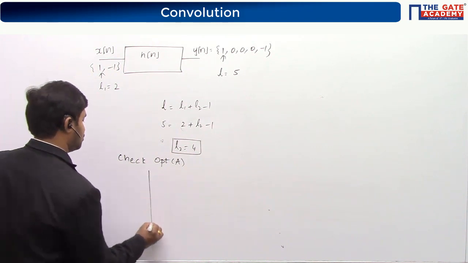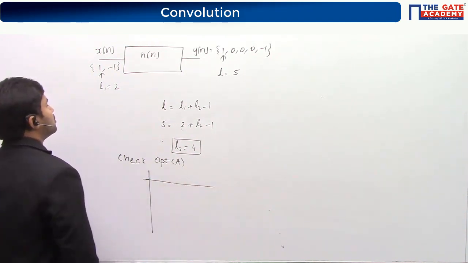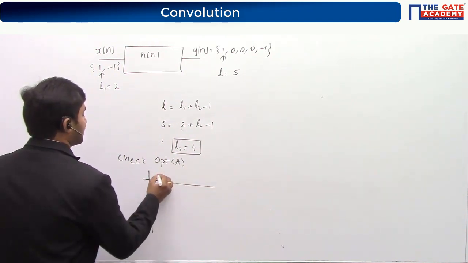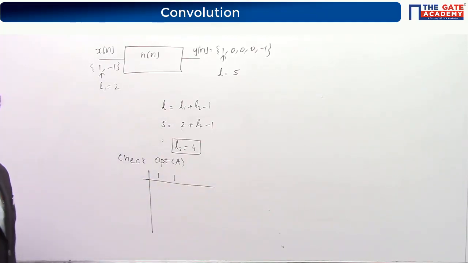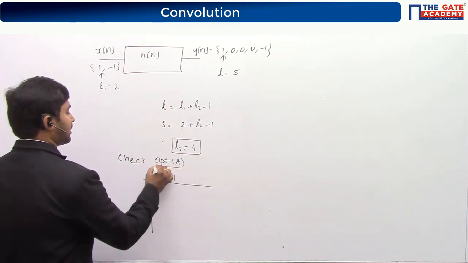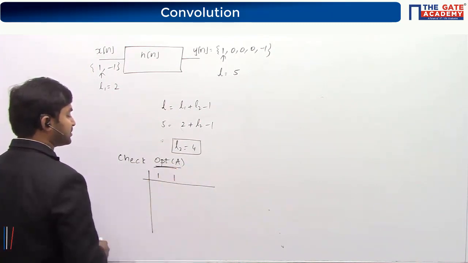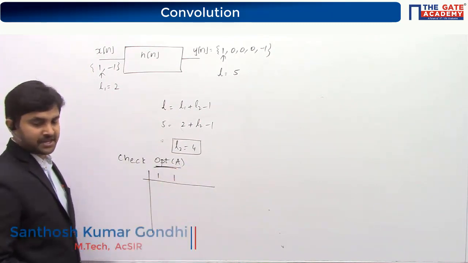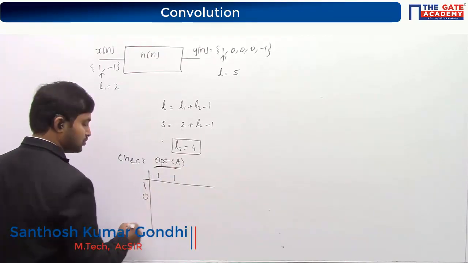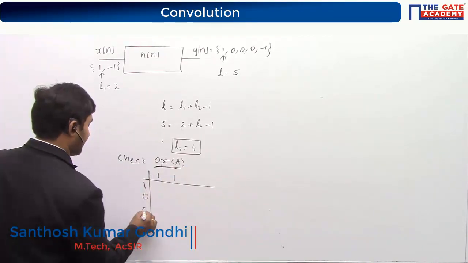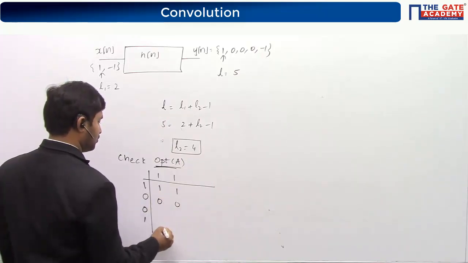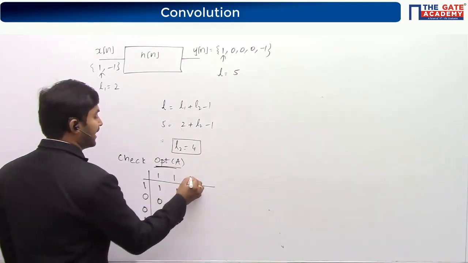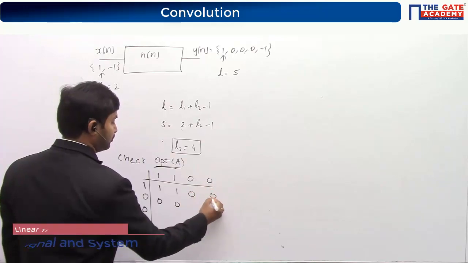I'll consider x of n as 1, 1 and h of n as the impulse response given in option A, so 1, 0, 0 and 1. So it is 1, 1, 0, 0 and, for symmetry, I'll add two more zeros.